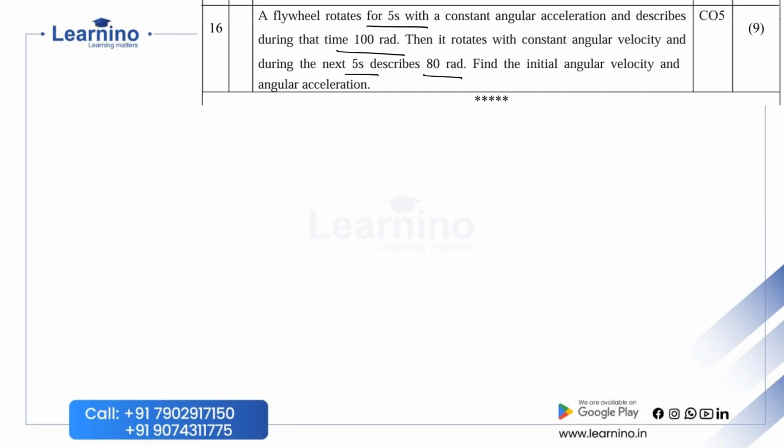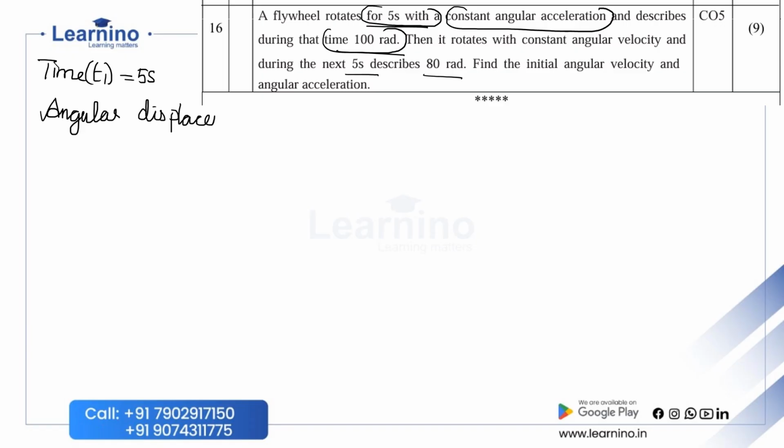So in that question, the flywheel rotates for 5 seconds with constant angular acceleration, so the time t1 can be taken as 5 seconds. It describes during that time, that means the angular displacement theta 1 is 100 radian.